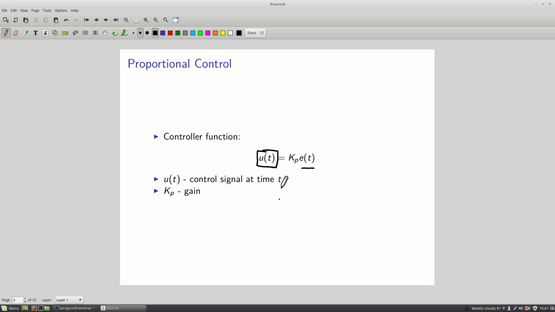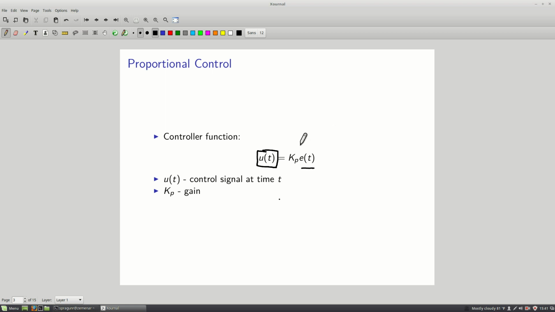In the case of this autonomous locomotive, that might be the angle of some sort of throttle lever that we can use to accelerate the locomotive either forward or backwards. Exactly what that represents is going to depend on the system that we're controlling. It's got to be a scalar value that is going to push the system in one direction or another depending on the magnitude of that value.